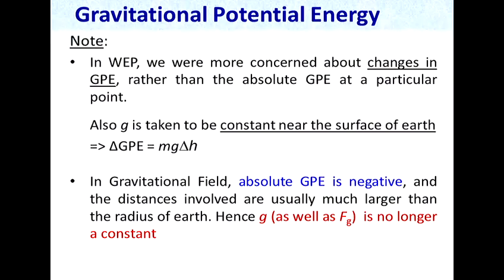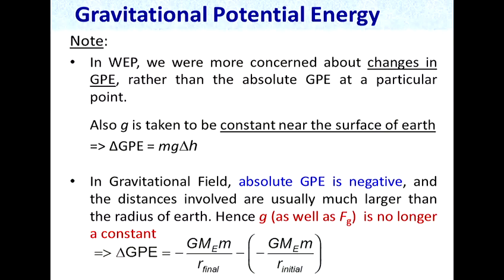It is always negative, except at infinity, where the GPE is 0. Because small g is no longer constant, we cannot use this formula to calculate change in GPE in questions involving such huge distances from Earth's surface. To calculate the change in GPE, we have to use this formula: final GPE minus initial GPE.